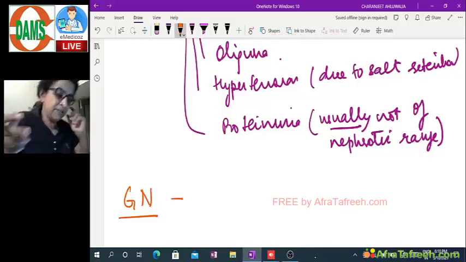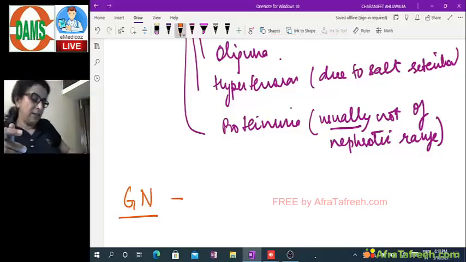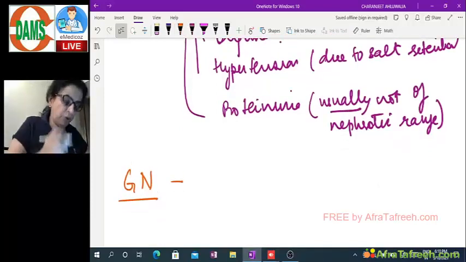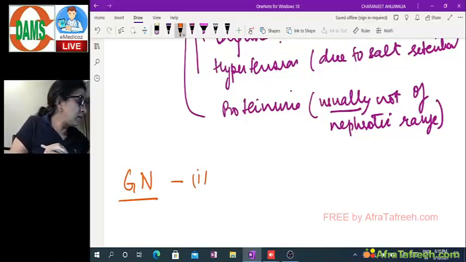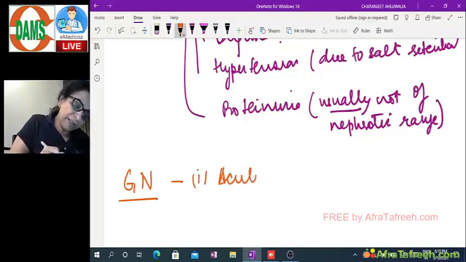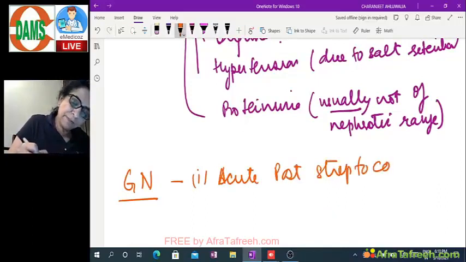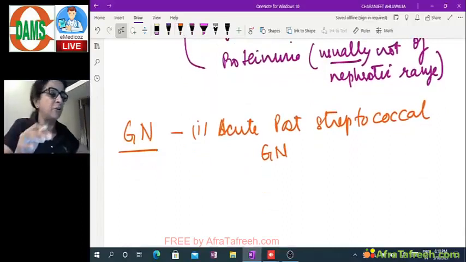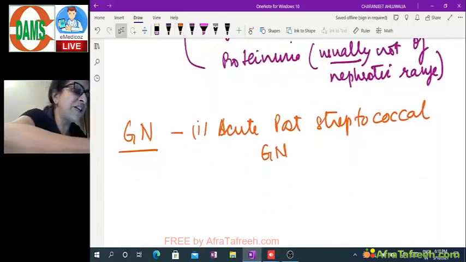the disturbance. Okay, now glomerulonephritis. Which are the glomerulonephritis that cause nephritic syndrome? So number 1, acute post-streptococcal glomerulonephritis. So these people present with nephritic syndrome. So please learn up all the features of nephritic syndrome.